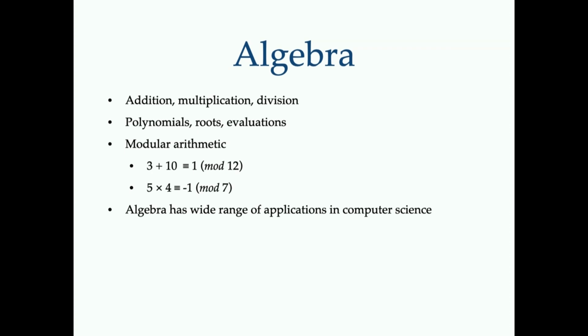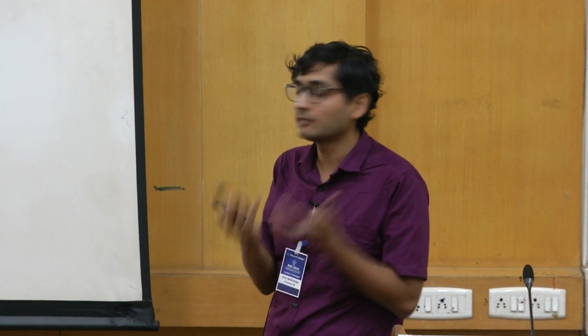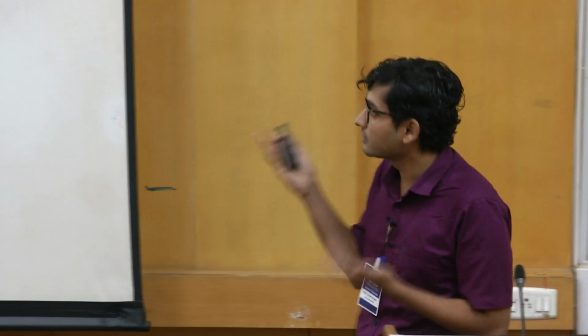Algebra has a wide range of applications in computer science. For example, it's used in data compression, and for any kind of communication happening from one place to another place, you can lose data, right? There could be errors, so you need some mechanism to correct errors. The fundamental tool we have for handling errors comes from algebra, from polynomials.